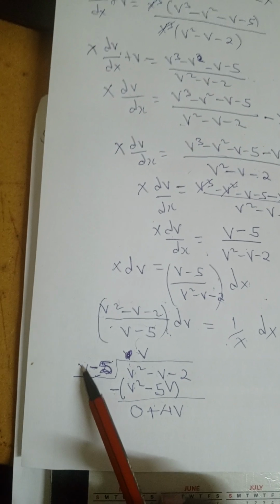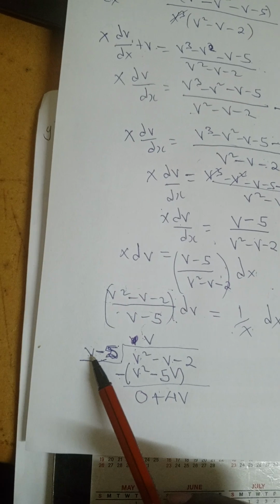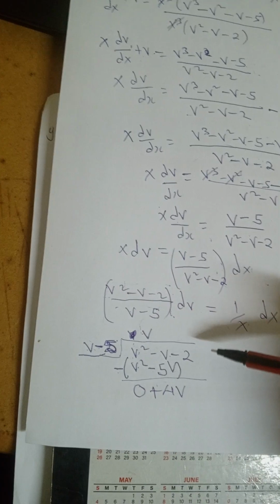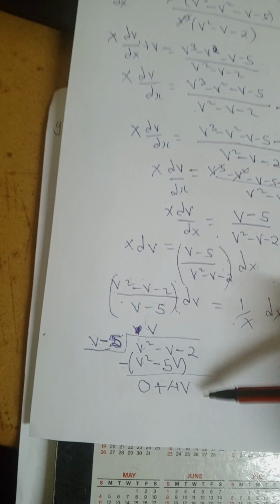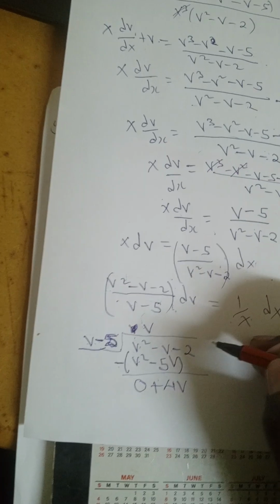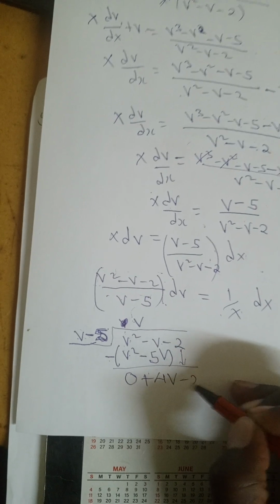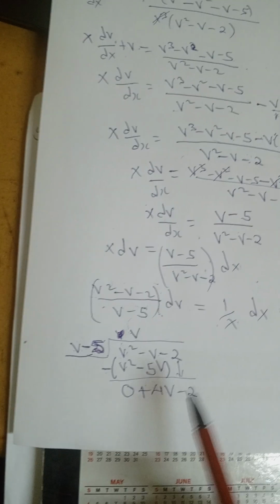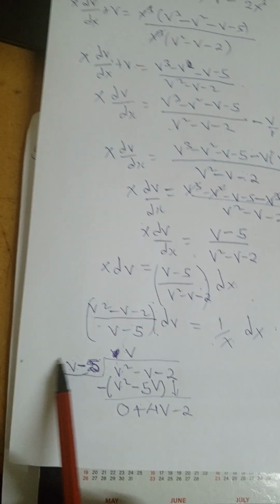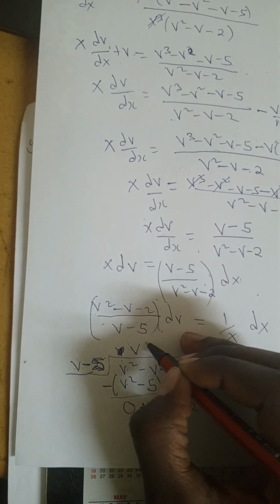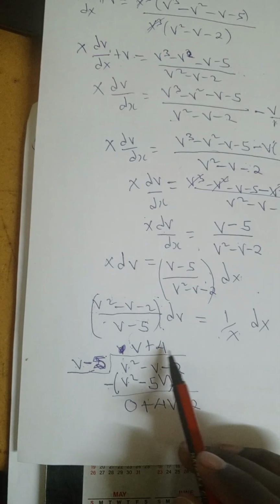Now again we divide. v divided by 4v. And again let's drop down this side. We drop down negative 2. So v divided by 4v, we are going to get plus 4.